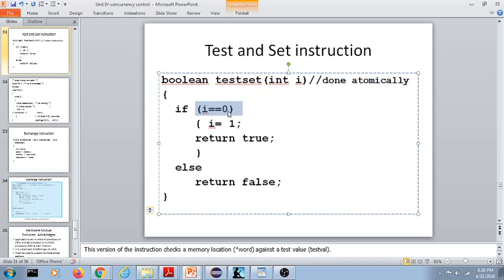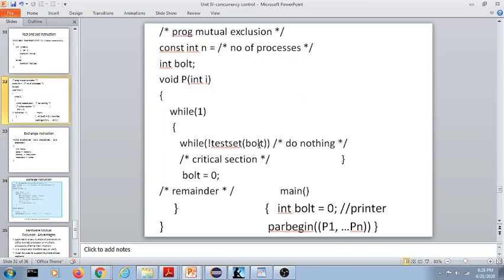If your bolt is 0, then true will be returned by the test set. If the bolt is 1, then false will be returned by the test set. That means your printer is already in use.